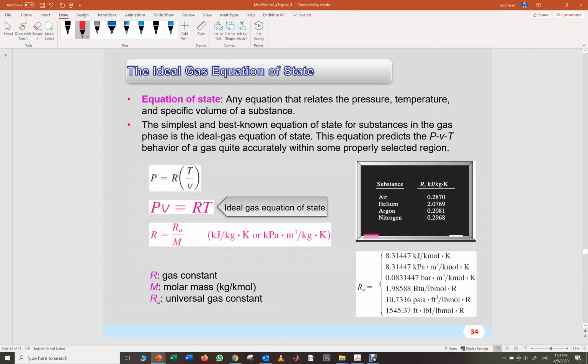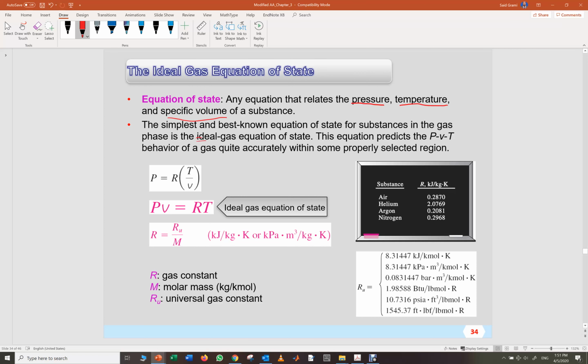Any equation that relates the pressure, temperature, and specific volume of a substance is called an equation of state. The simplest and best known equation of state for a substance in the gas phase is the ideal gas equation.